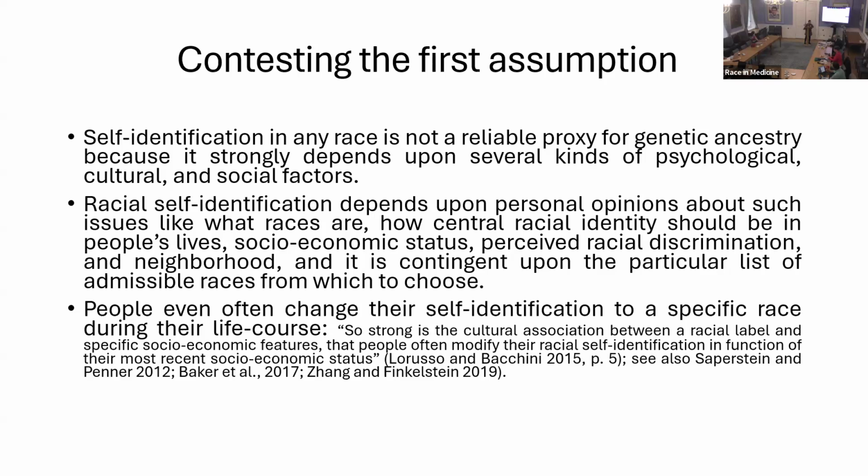It is also contingent upon the particular list of admissible races from which a person is asked to choose. Moreover, people often change their self-identification to a specific race during their life course. So strong is the cultural association between a racial label and specific socioeconomic features that people often modify their racial self-identification in function of their more recent socioeconomic status.